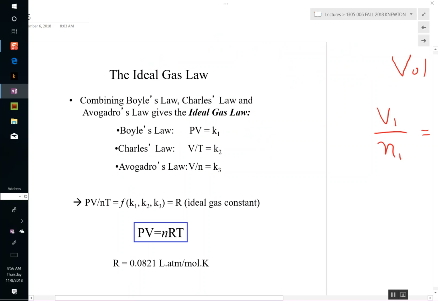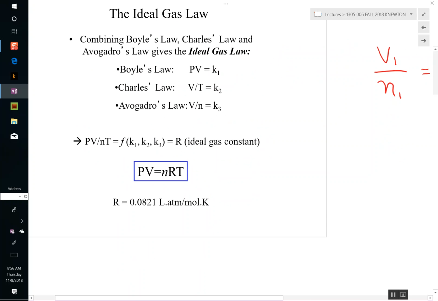But now look at what we've got here. At this point, with Boyle's, Charles', and Avogadro's, we have introduced all of these variables that I pointed out to you when we started this chapter.